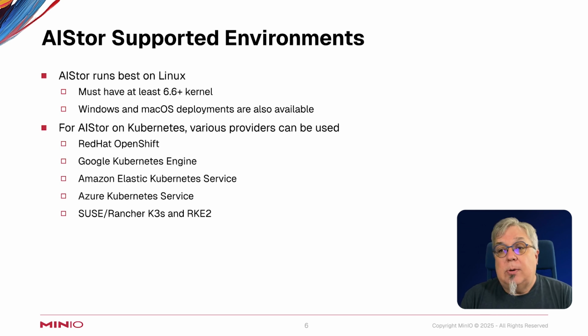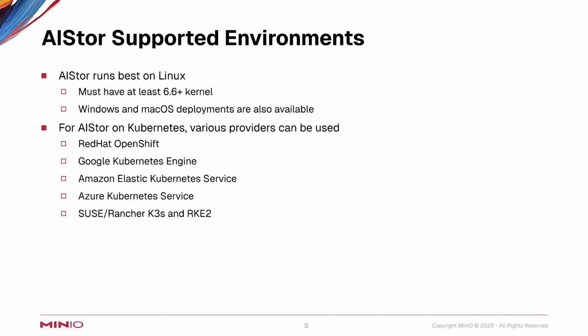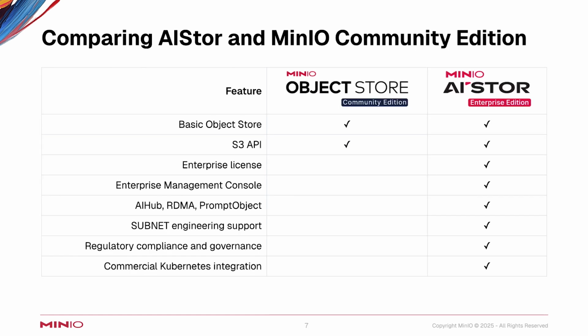For AIStor and Kubernetes, various providers can be used. All of the top commercial Kubernetes providers are represented, including Red Hat OpenShift, Google Kubernetes Engine, and Amazon Elastic Kubernetes Service. For those of you who may be coming over to AIStor from the object store, we've got a bunch of new features that make AIStor the best option for production deployment. We've got this enterprise license that enables you to use our SUBNET engineering support.